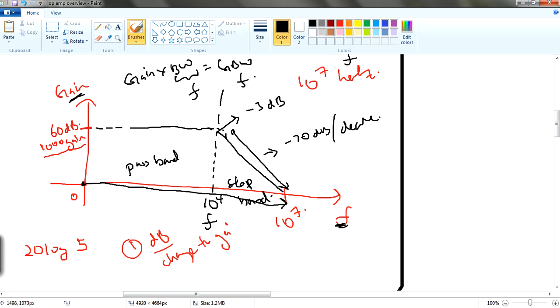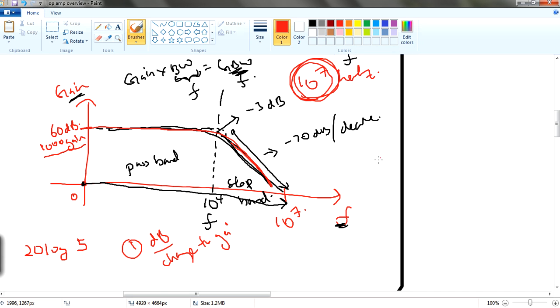So the bandwidth is the allowable amount of bandwidth you can take before it reaches the maximum gain bandwidth. So along this whole line, the product of gain and bandwidth is always 10 to the power of 7. So this is another thing you need to do.